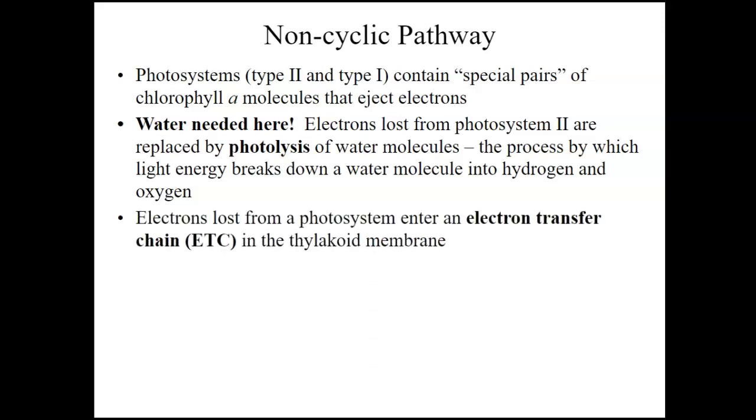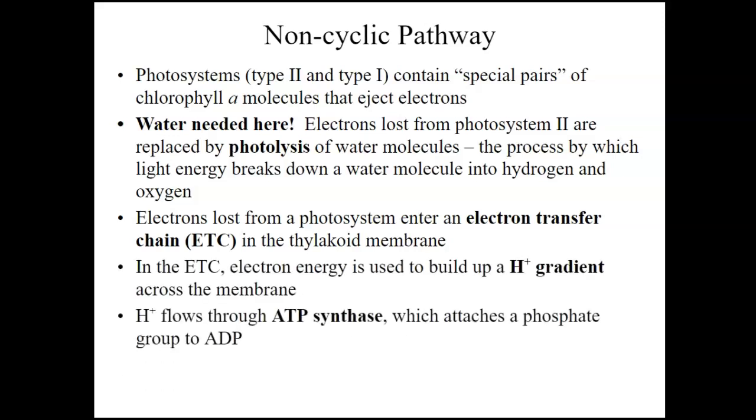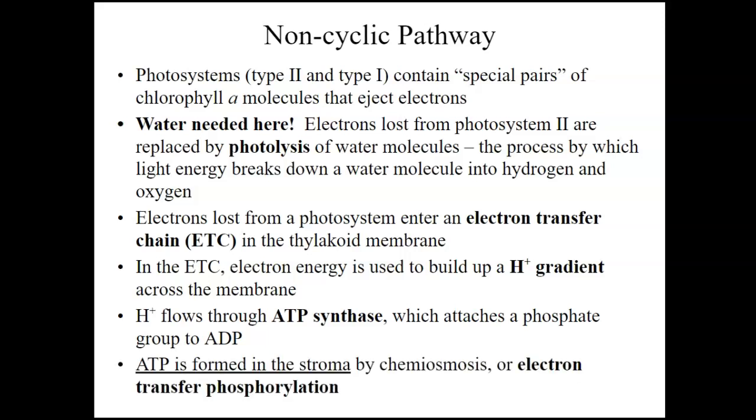The electrons from the center, the reactive area of the photosystem, fall along electron transport chains, losing their energy. As they do, they pump in hydrogen ions for ATP production, because that's what that hydrogen ion gradient allows for, the production of ATP. And they call that electron transfer phosphorylation.